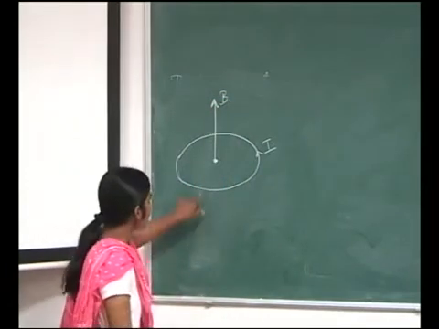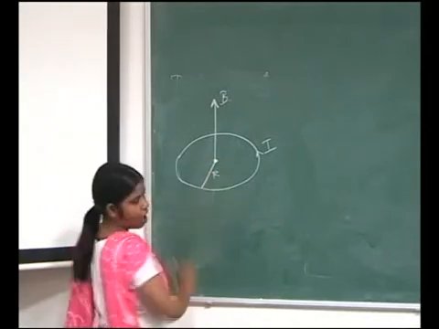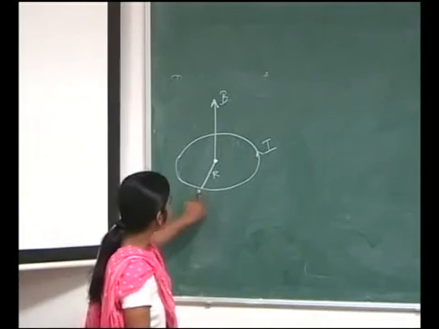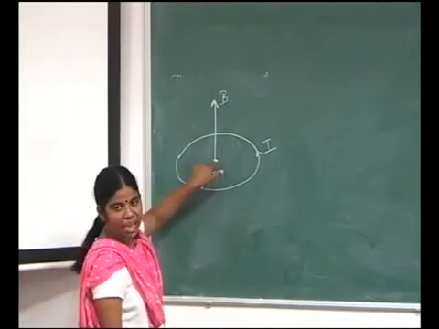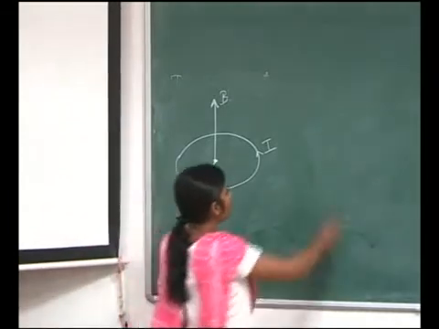Now if I say that this distance is r, then I have to calculate the magnetic field at the center of this current carrying loop. So what is my problem statement?